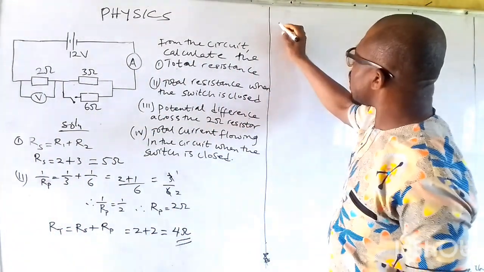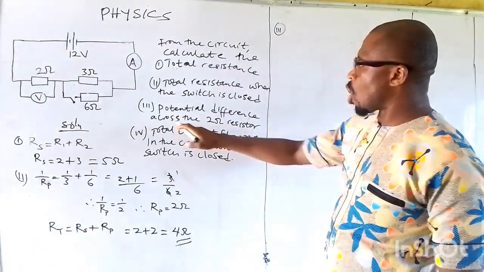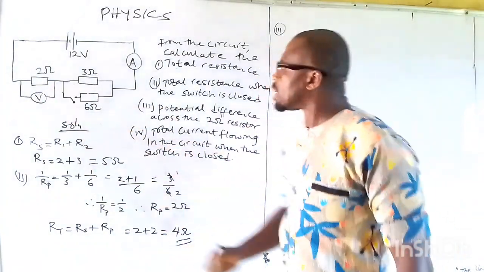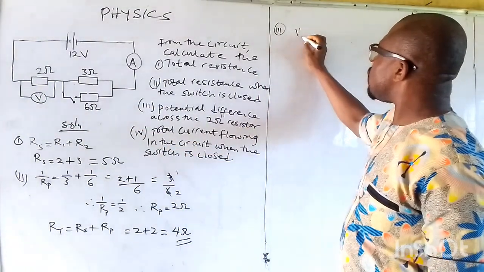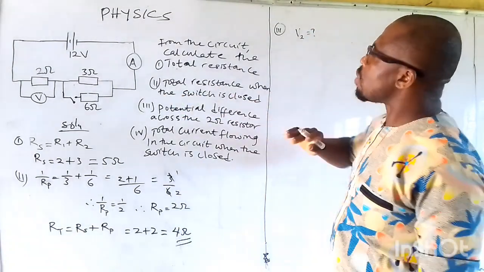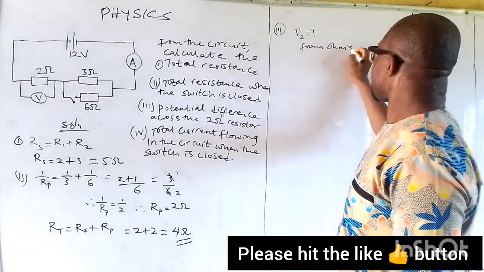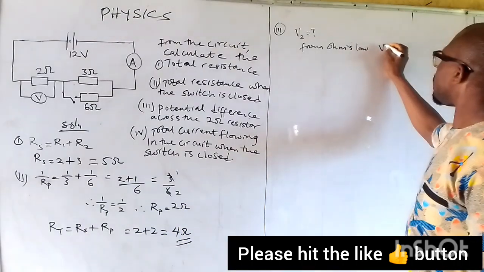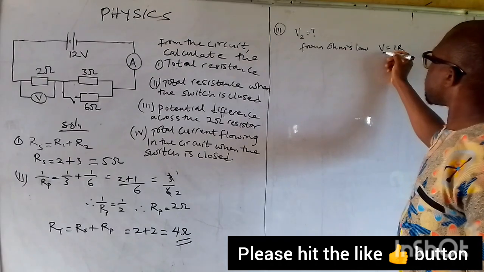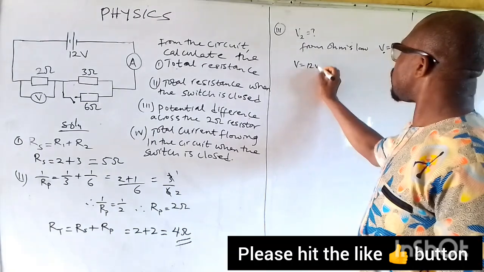Now we have the third question: the potential difference across the 2 ohm resistor. We can represent it as V2, so we're looking for V2. Since we don't know V2, from Ohm's law, we have that V is equal to IR. The voltage in the circuit is 12 volts, so V is equal to 12 volts.